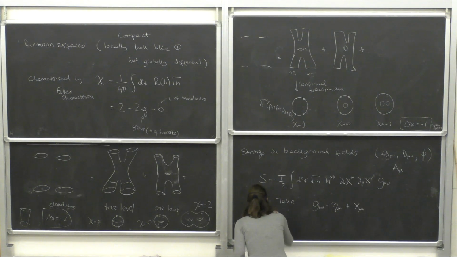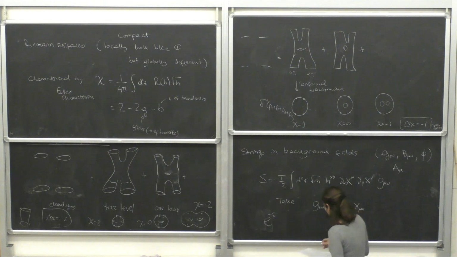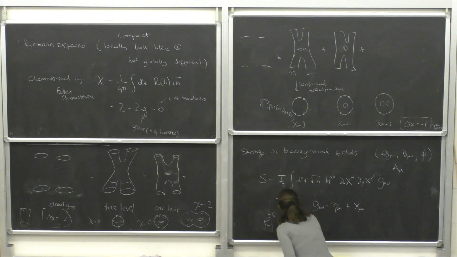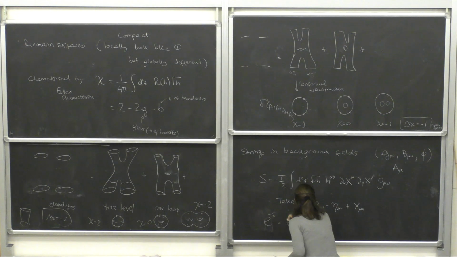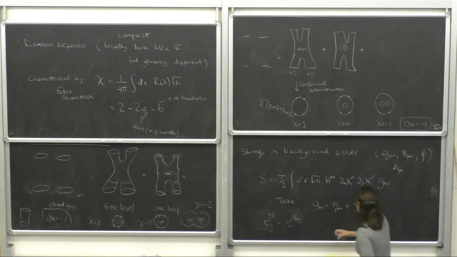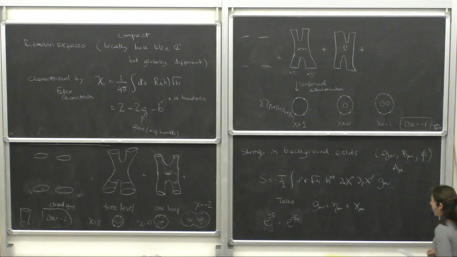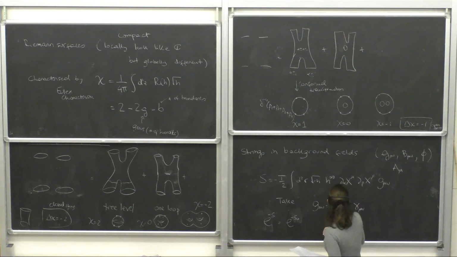Let me just do e to the minus S. So this is e to the minus S0, where S0 is this with eta mu nu, and then minus S1.